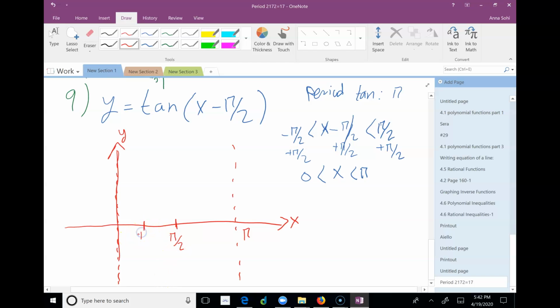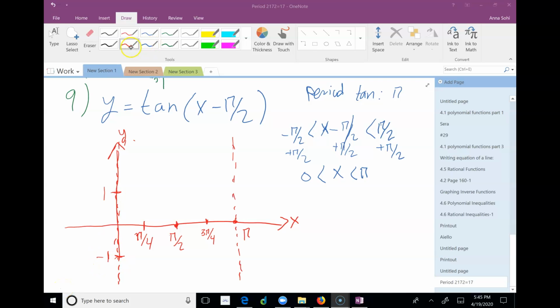Between 0 and pi over 2 is pi over 4. Between pi over 2 and pi, half of it is 3 pi over 4. Again, you can do that by adding the endpoints and then dividing by 2. The behavior of tan: nothing is multiplied, no negative.